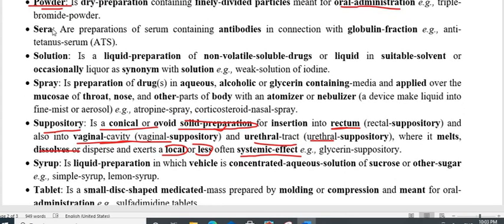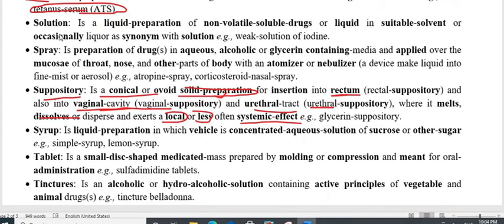Now we go through more dosage forms. Sera are antibody serums that are used for a particular disease. Now we go through the solution. Earlier we already discussed solution, and another one is the liquor, which is sometimes used synonymously with solution.